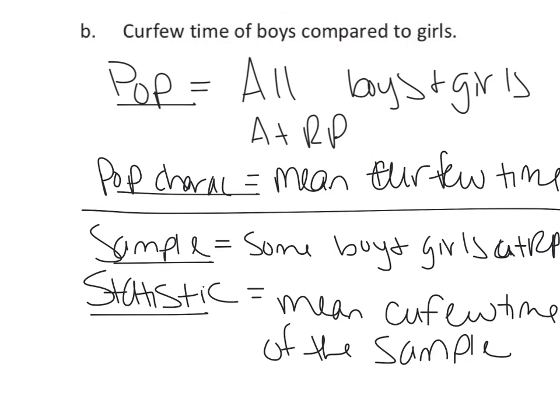Again, the population is everyone, the sample is just a small portion of that population, and you want to make sure your sample is representative of your population because that will allow us to make inferences about the population and allow us to make a good conclusion about the population just using a small sample of the population.